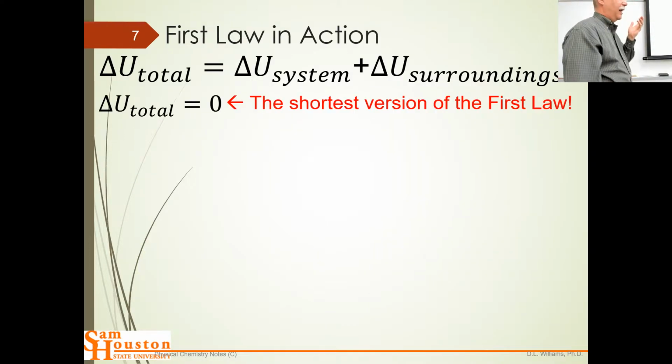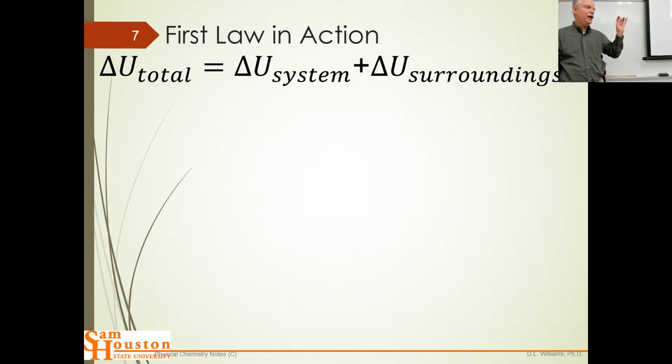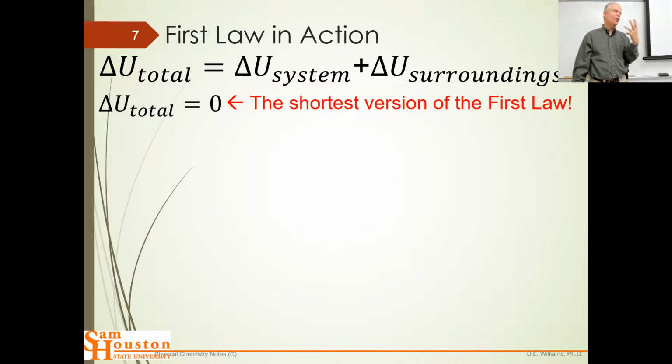And so in action, the total energy is constant, consisting of the change in energy of the system and the change in the energy of the surroundings. The whole system plus surroundings is the universe, and if the universe is isolated, then this total change in energy should be zero. So that's the shortest version of the idea of the first law of thermodynamics: if you've got the surroundings and the system, you've got everything.